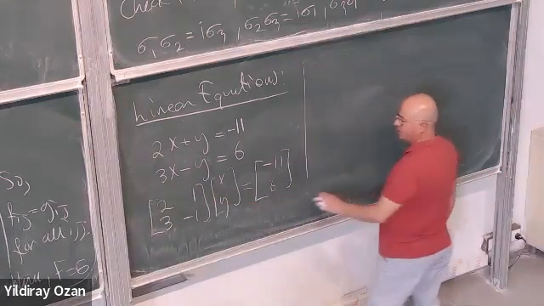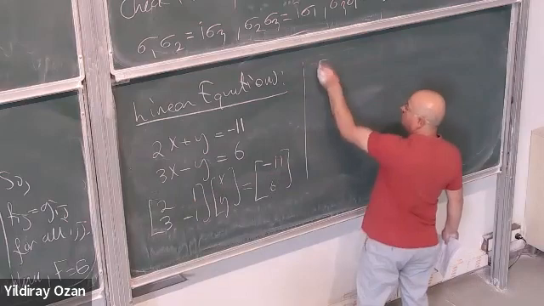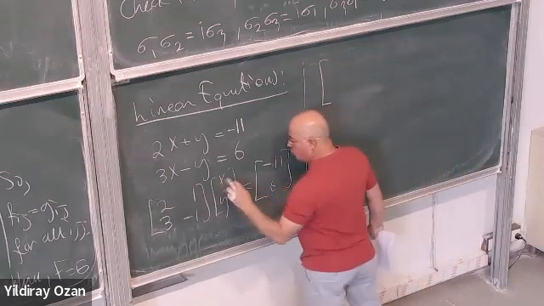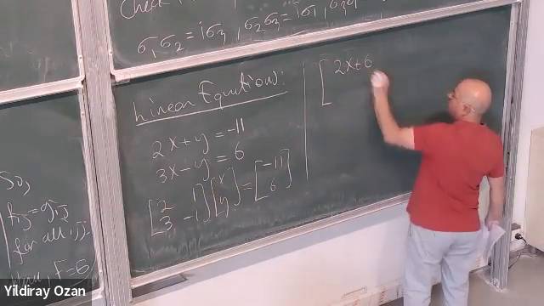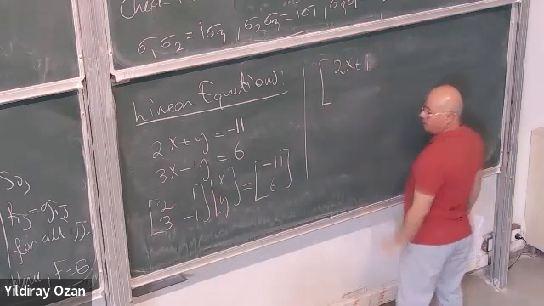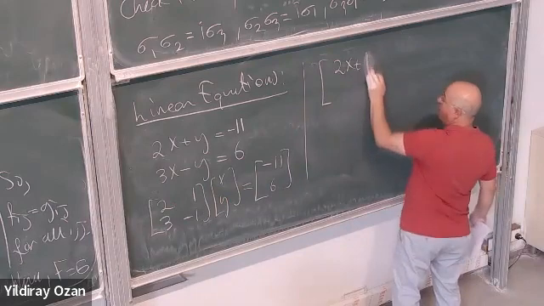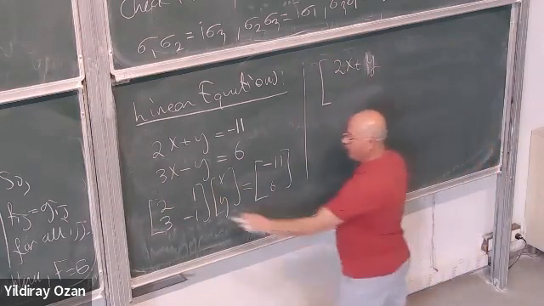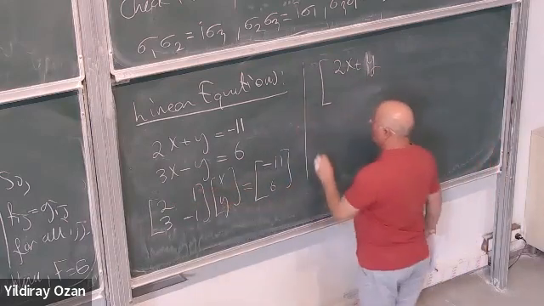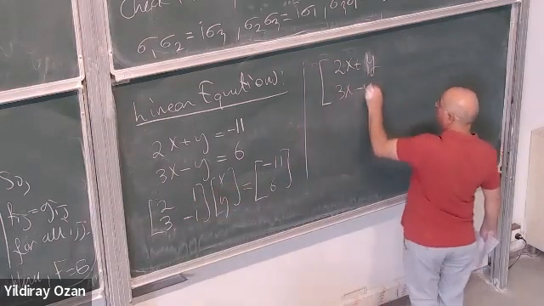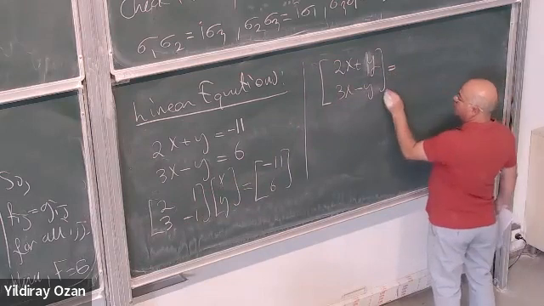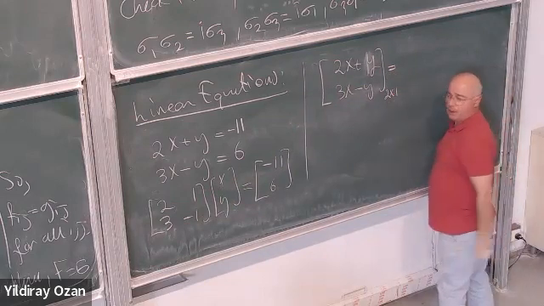You get this, right? 2x plus y, and then 3x minus y. This is a 2 by 1 matrix, right?